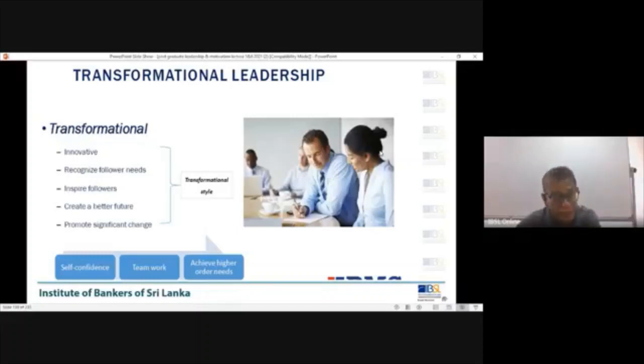Being a good leader, he may consider team aspects, developing self-confidence, going for higher results, right? And while also changing them, provide a better future for them, inspire them, recognize them, and get them to come up with innovative ideas. So those are some of the characteristics of the transformational leadership style, right?